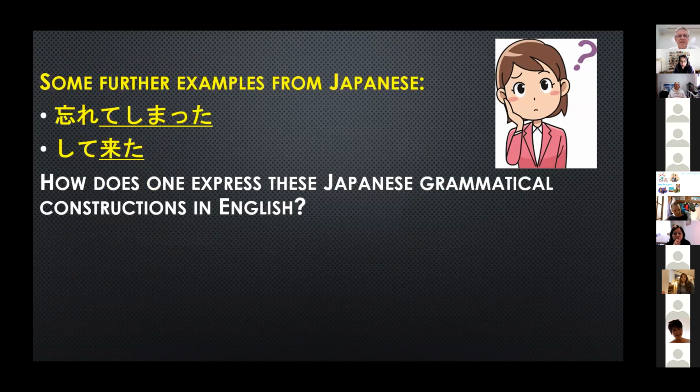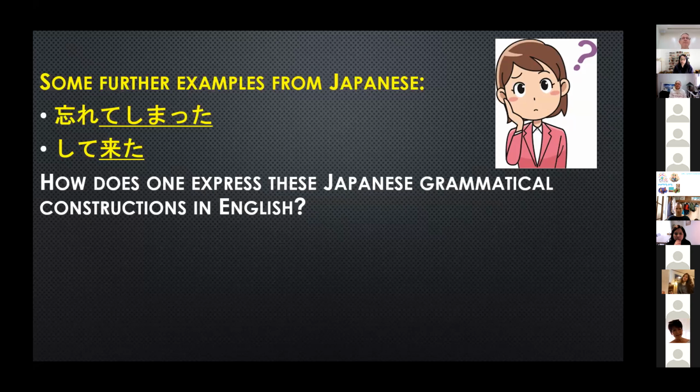Wasurete shimatta. So Japanese speakers will be thinking wasurete shimatta. Now they know wasure is forget, and now they're thinking, my goodness, how do I say shimatta in English? This is grammatically constructed in Japanese. So in Japanese, the feeling of "oh no" is included grammatically, but it's not in English. There's no grammar construction in English.